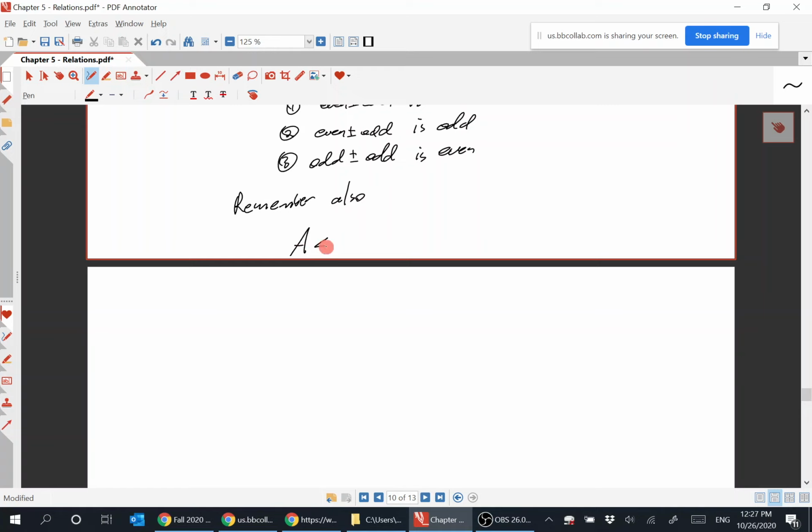Okay. And then remember also the following. A symmetric difference B, or X symmetric difference Y, is equal to, well, there were two ways to look at it.